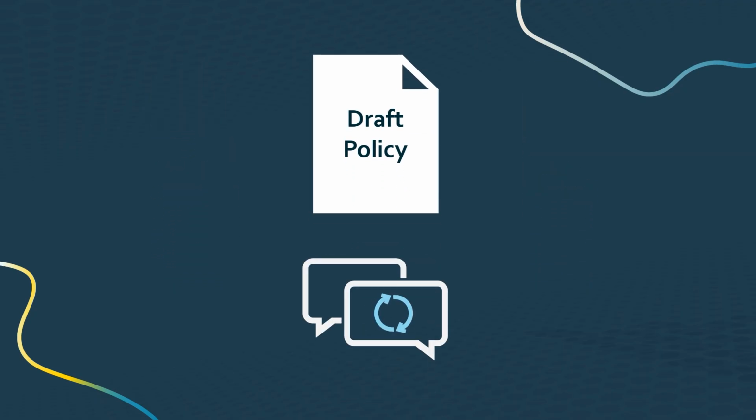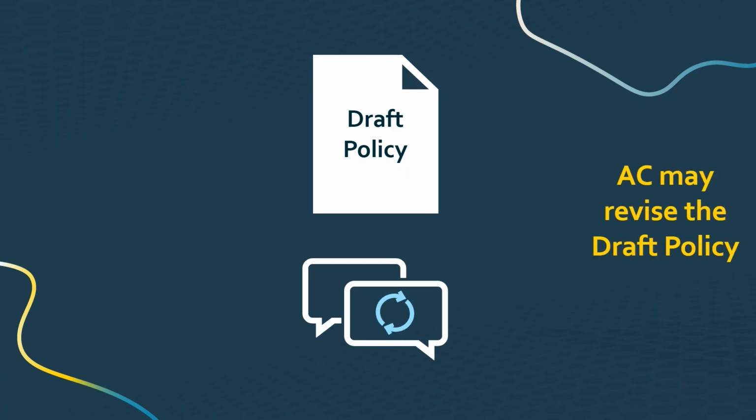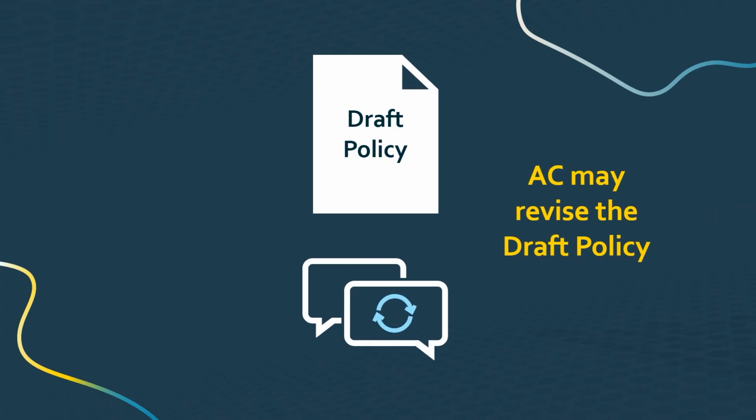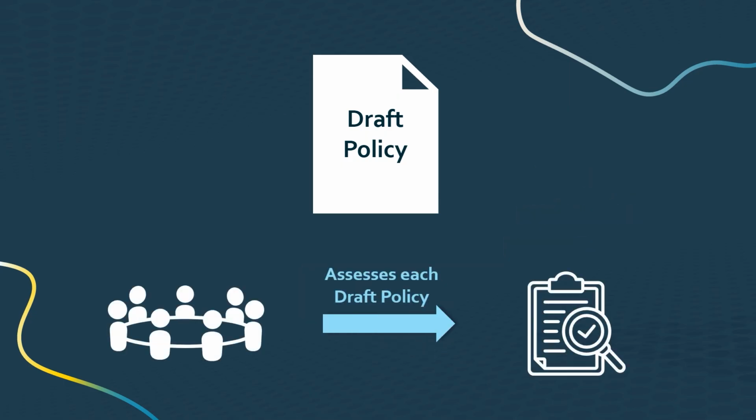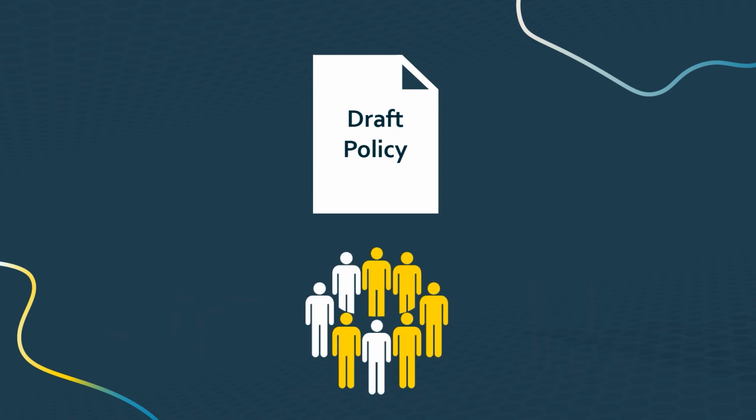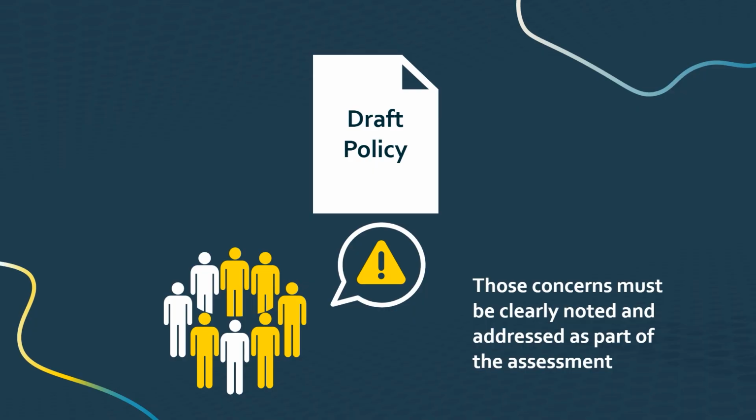Based on community feedback and staff review, the AC may revise the draft policy throughout the process. As part of this stage, the Advisory Council assesses each draft policy against ARIN's policy principles. The results of that assessment, along with any actions taken, are documented and published to the public policy mailing list. If a significant portion of the Internet community raises specific concerns, those concerns must be clearly noted and addressed as part of the assessment.